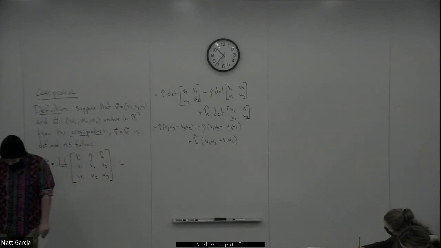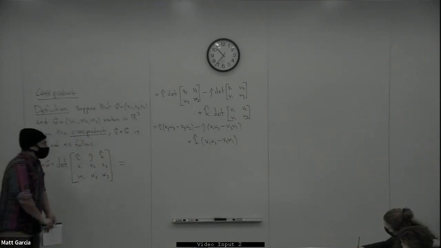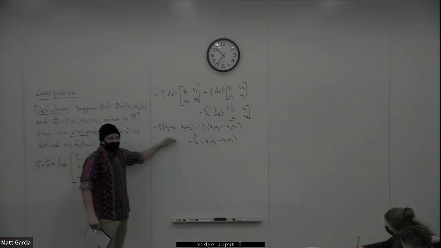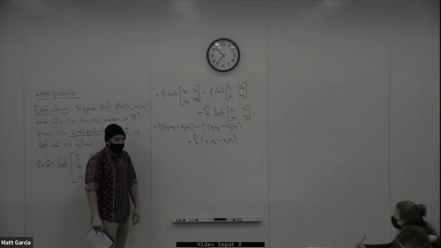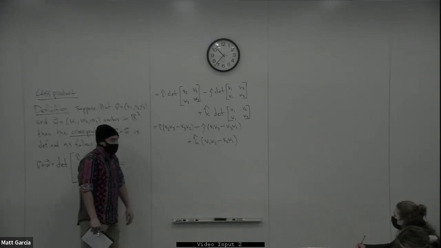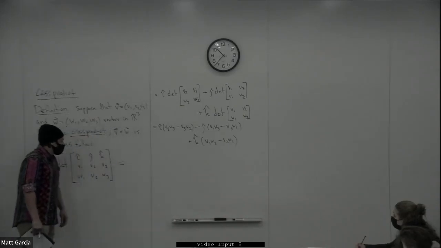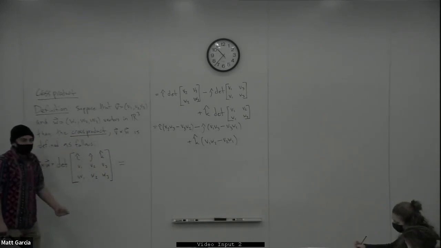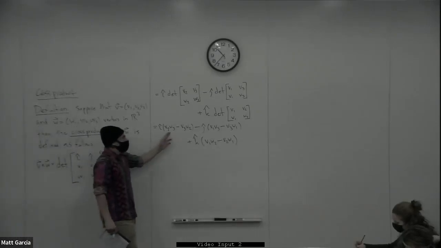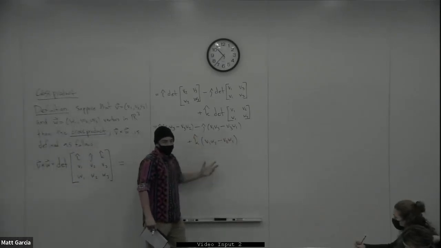So you're more than welcome to try to memorize this formula. I think there's a lot of opportunity for error there. I think it's much easier to just remember how to take the determinant of a 3 by 3 matrix and just do it each time. Here you have to pay attention to all the indices and make sure that things go right.